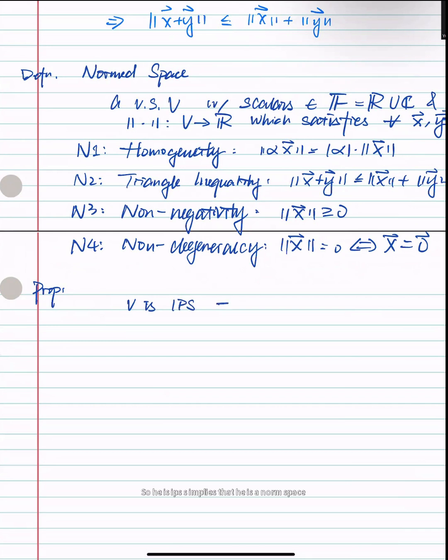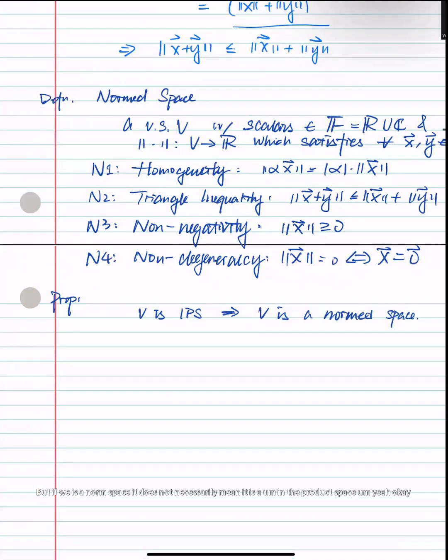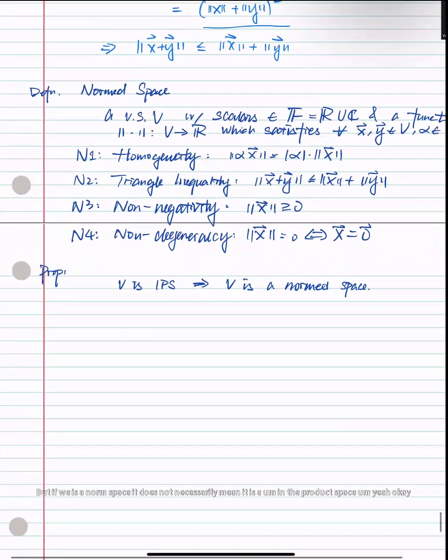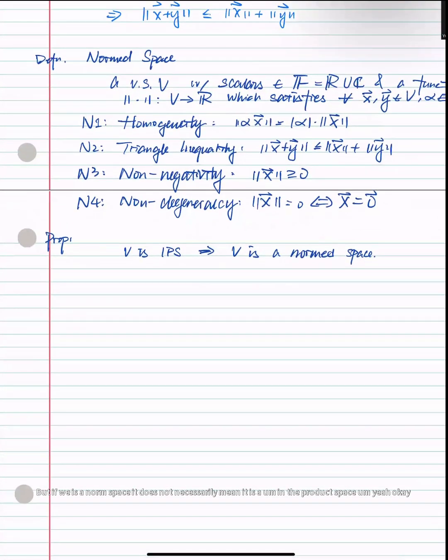V is an IPS implies that V is a norm space. But if V is a norm space, it does not necessarily mean it is an inner product space.